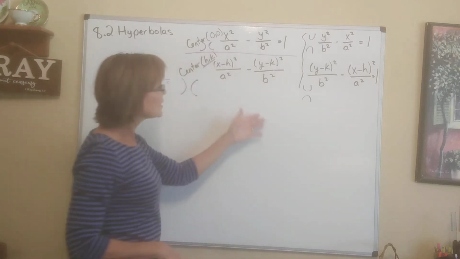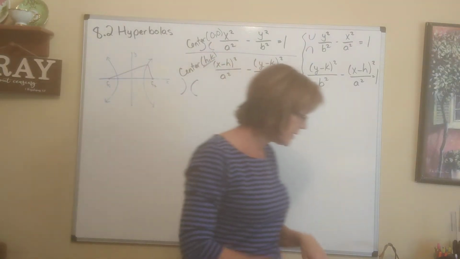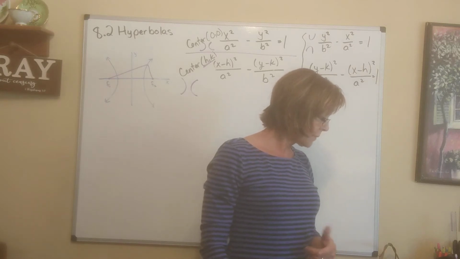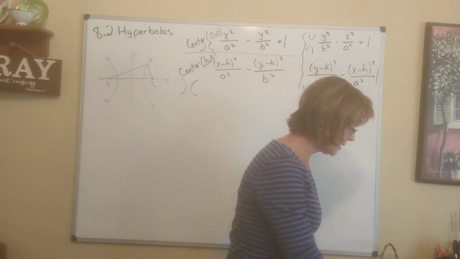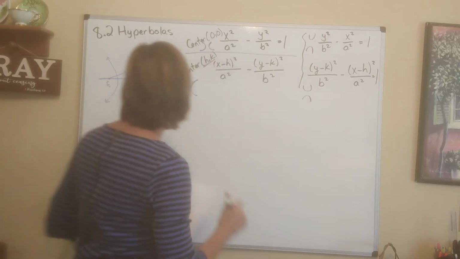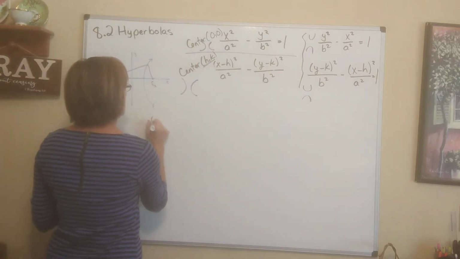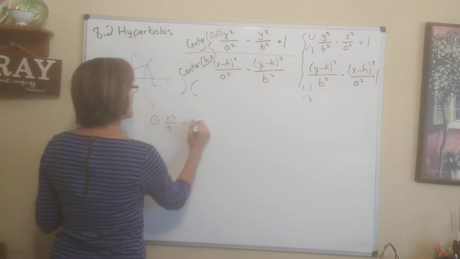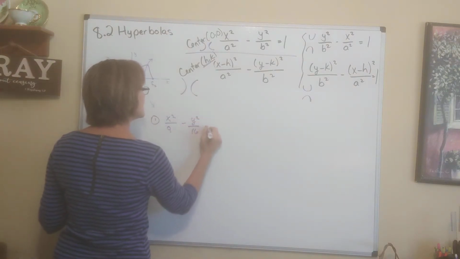Okay, so let's figure out how to sketch one of these. Number one is x squared over 9 minus y squared over 16 is equal to 1.